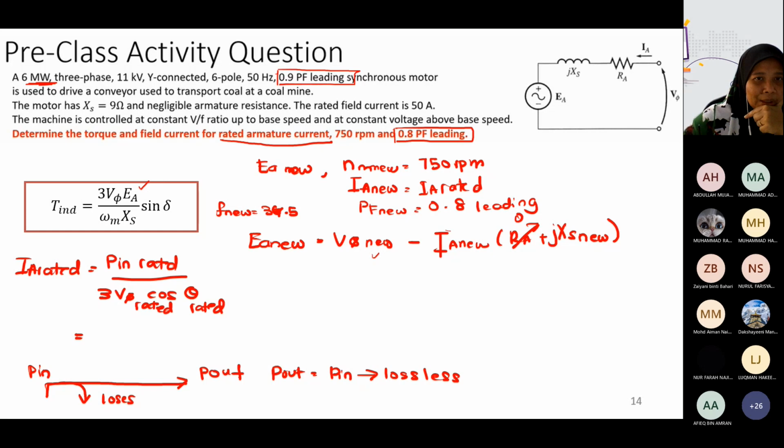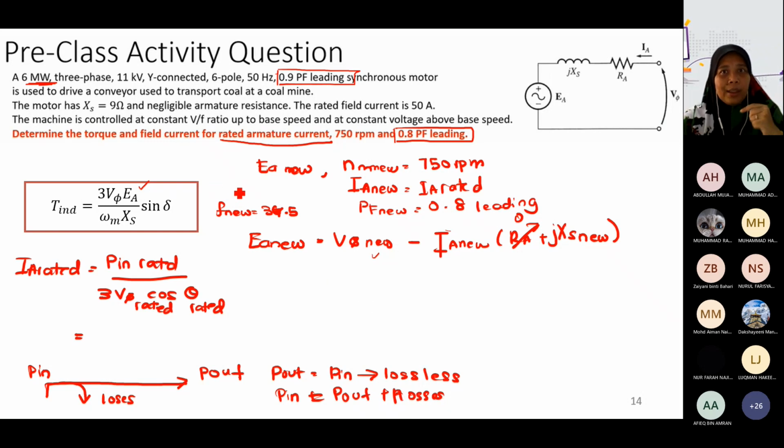P out. So if you have losses, P in must equal P out plus all the losses. In this case, because it is lossless, P in equal to P out, so you'll be using this formula.